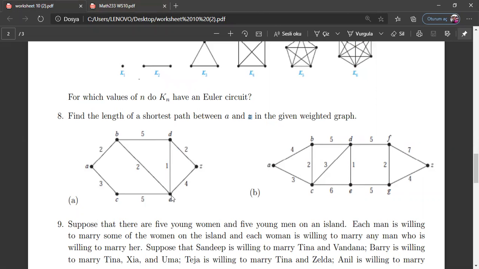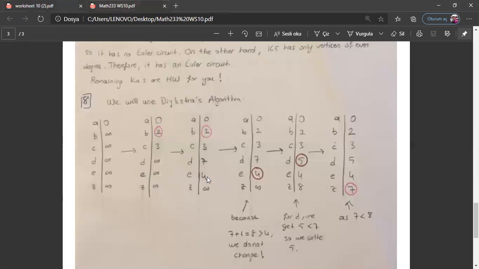What about E? We have 8 from A to E by passing through C. But from B, we have 2 plus 2, which is 4. It is less than 8, so instead of 8, we write 4. And again, there is no connection between Z and any of these vertices, so we write infinity.